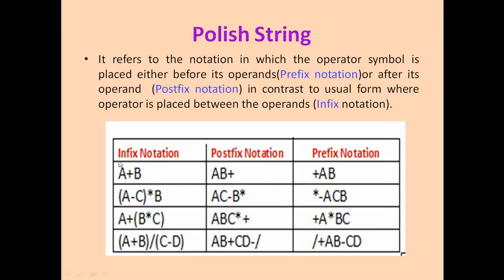Similarly, we have another example of infix notation here, a minus c within brackets, into b. This same expression can be written in postfix notation as ac minus b star, that is the multiplication sign, and in prefix notation it will be written as into minus a c b.